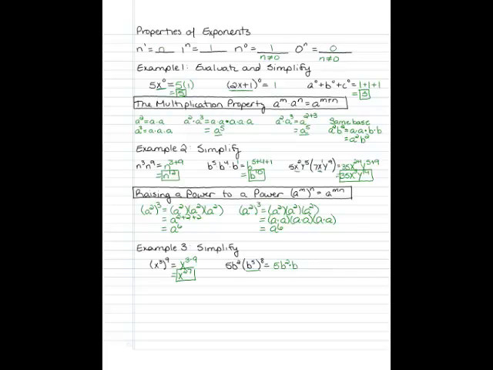So this would be b to the 5 times 8. 5b squared times b to the 5 times 8 is 40. Now go back and apply the multiplication property. We have 5b to the 2 plus 40, which is 5b to the 42nd power.